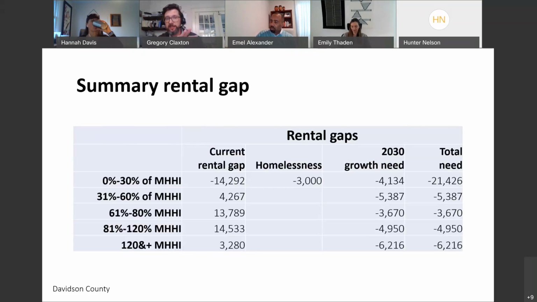So what we've done is laid out the current rental gap, assigned all of the homelessness estimate of need here, and then brought in those growth trends through 2030, and just added them up to get a total need of additional units at each income level. Again, it's a little rough and ready here, but in terms of these distinct sources of need, this seems like it could be workable.